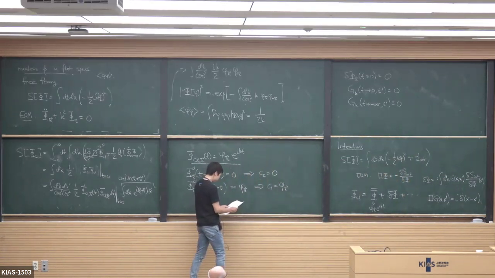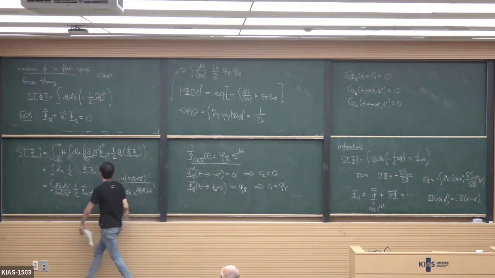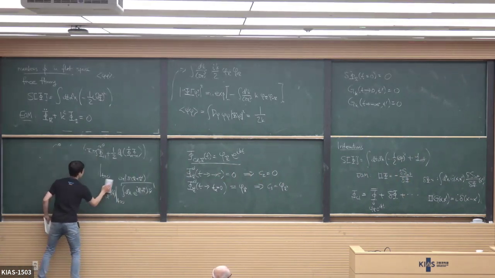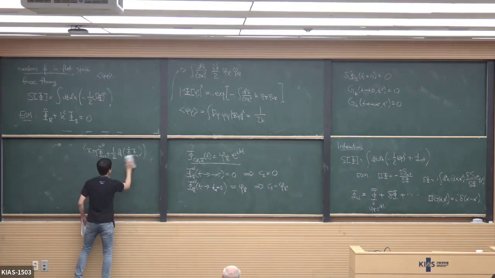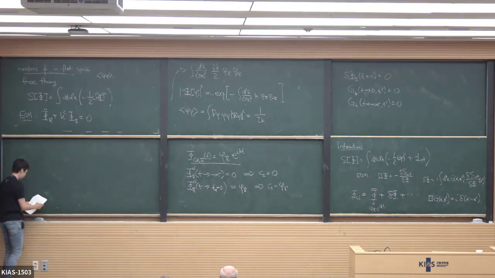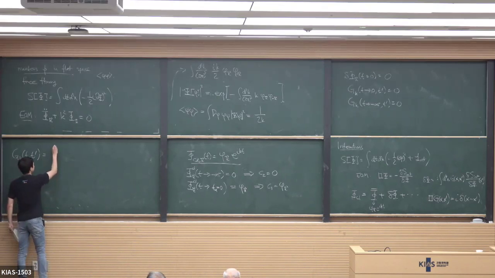All right, so let me keep this. Okay, so when you solve for the Green's function with the boundary condition, then you get the following expression. So let me write down the expression and then explain the various terms.